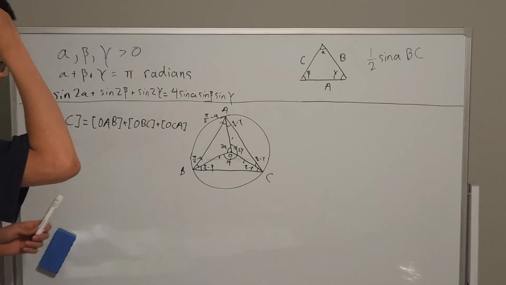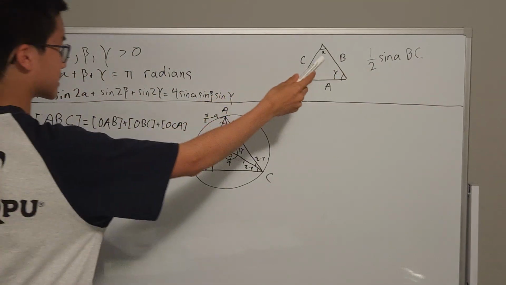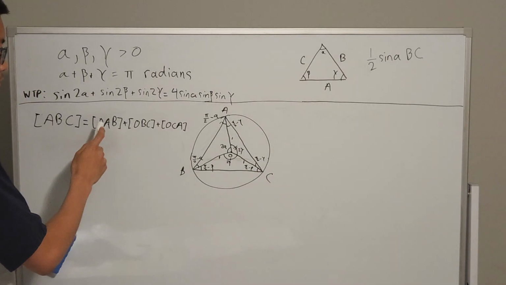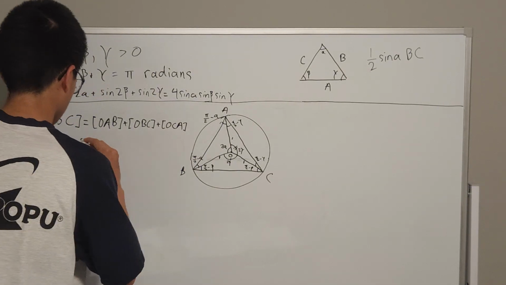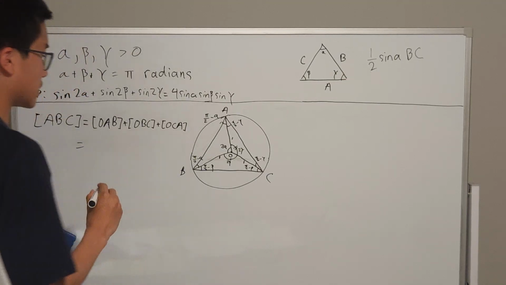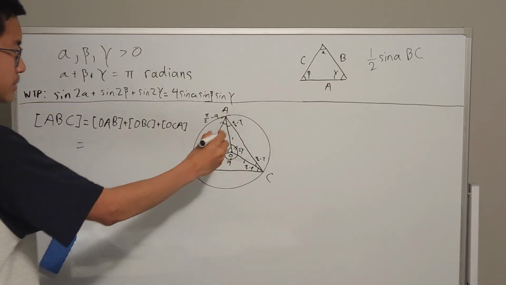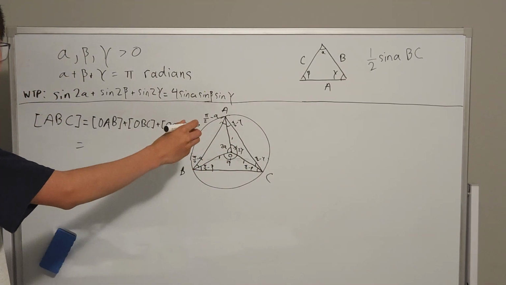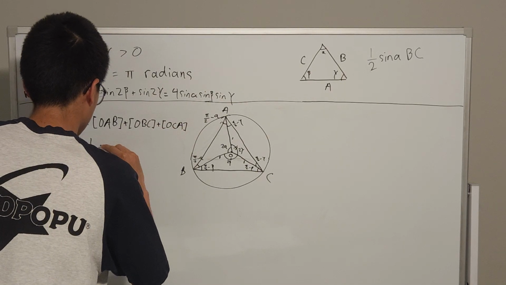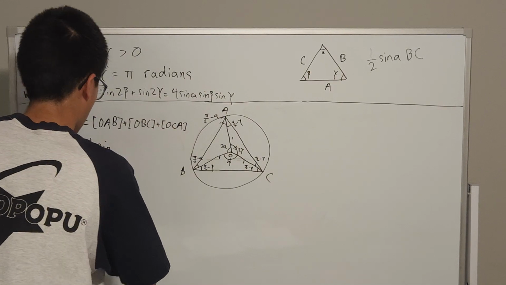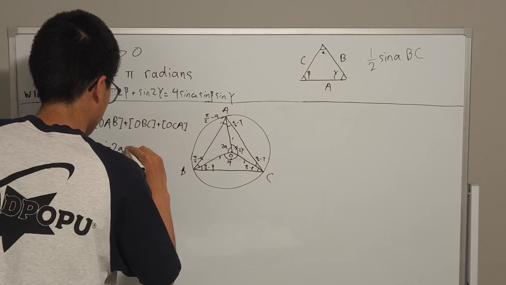Okay, so given this, now we find the area of triangle OAB. By doing so, it will be half times 1 times 1 times sine 2 alpha. So this will give us one half times sine 2 alpha.